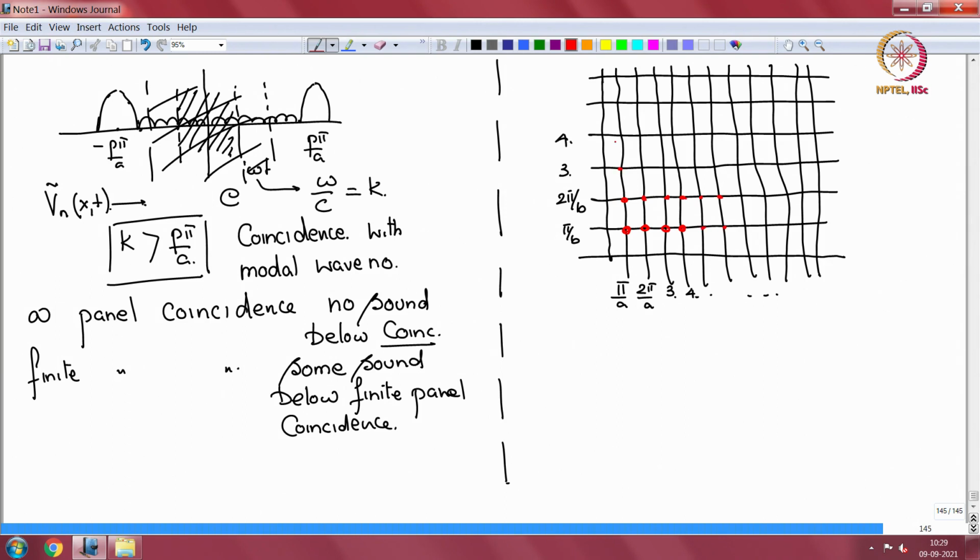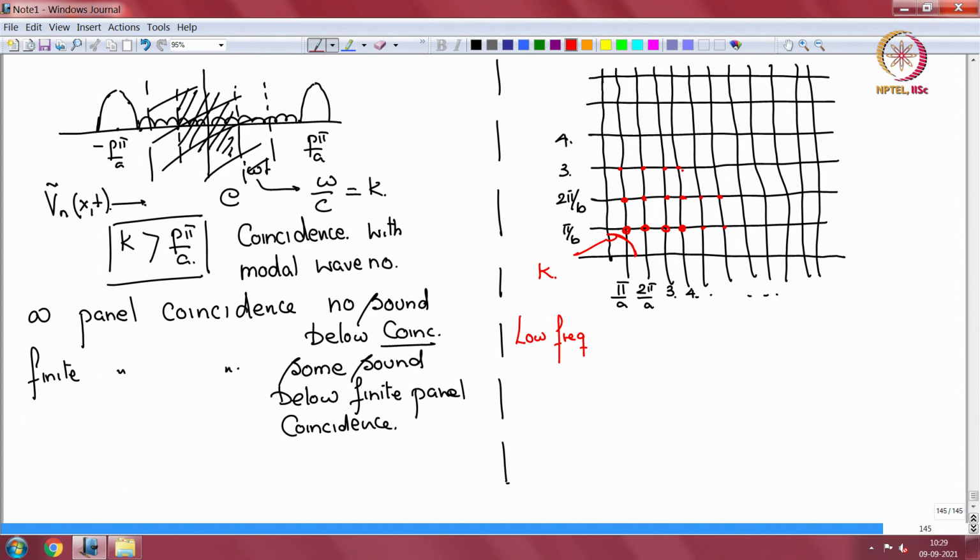Okay. And so as the plate is vibrated, we start at low frequencies. Then we have our acoustic quarter circle. This is K, the acoustic wave number circle.